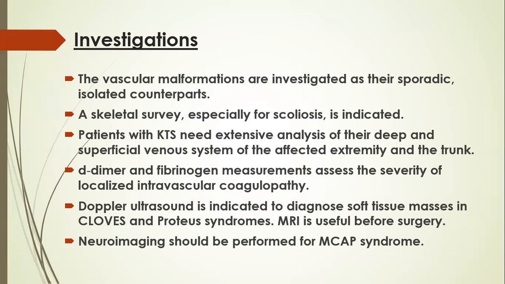The D-dimers and fibrinogen measurements assess the severity of localized intravascular coagulopathy. The Doppler ultrasound is indicated to diagnose the soft tissue masses in CLOVES and Proteus syndrome, and MRI is useful before we do surgery. Neuroimaging is a must in cases of MCAP syndrome.